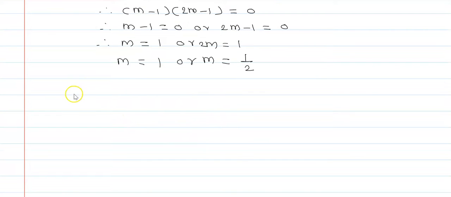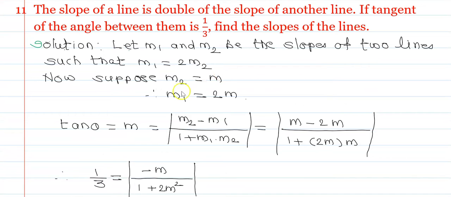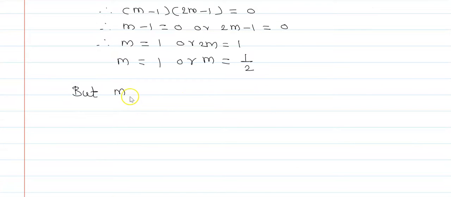Again here, m2 is equals to m, we have substituted here, and that is equals to 1, and m1 is equals to 2 times m2, that is equals to 2 into 1, that is equals to 2.